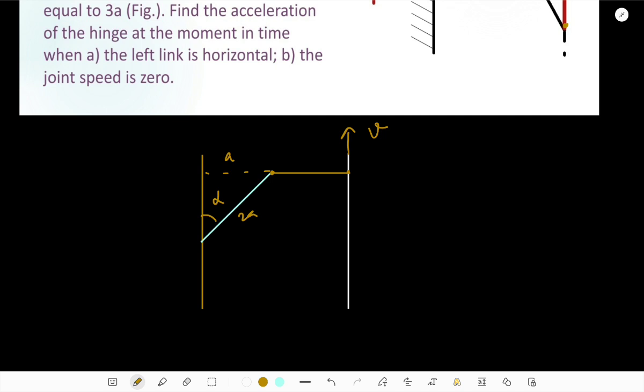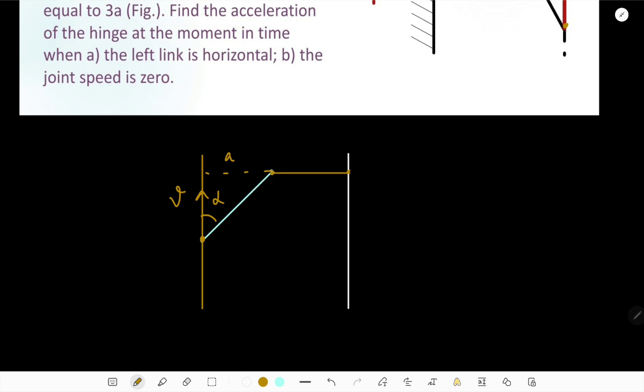If I think that this is the fixed end, and this end has got velocity v, it means with respect to its velocity it is at rest.